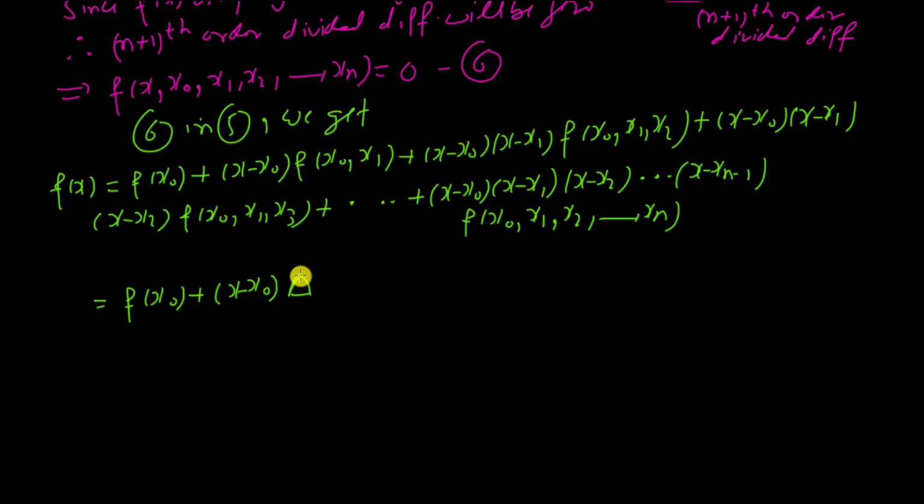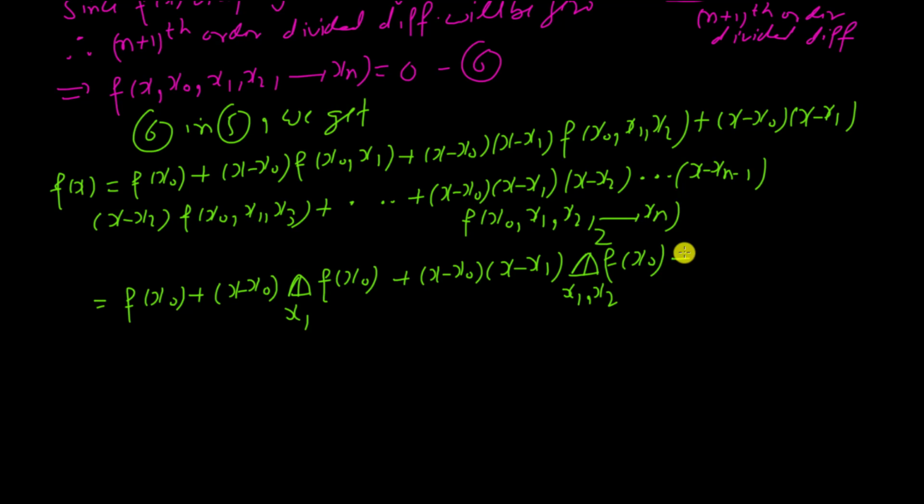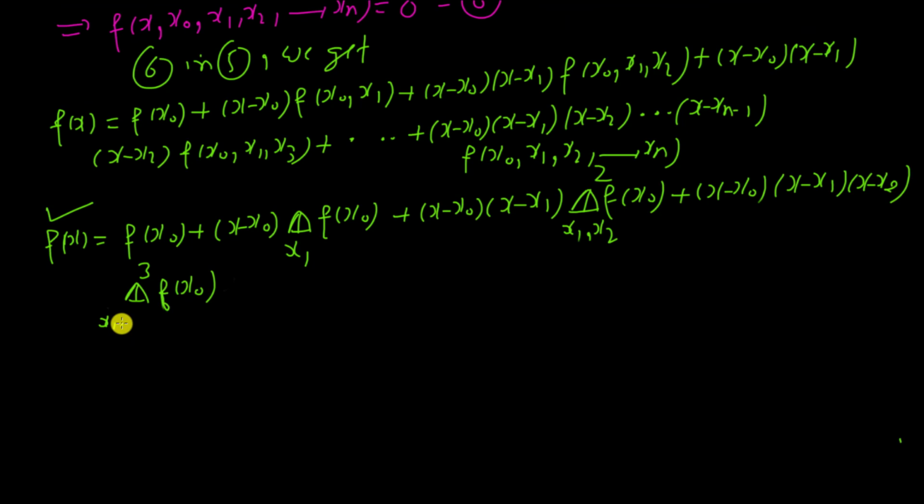Then x minus x naught, x minus x1 is the second order divided difference, so I am going to write it as f of x naught, and here you will write both arguments except x naught, that is x1, x2, plus x minus x naught, x minus x1, x minus x2, and here you will write the third order divided difference, that is x naught, x1, x2, x3, plus and so on.